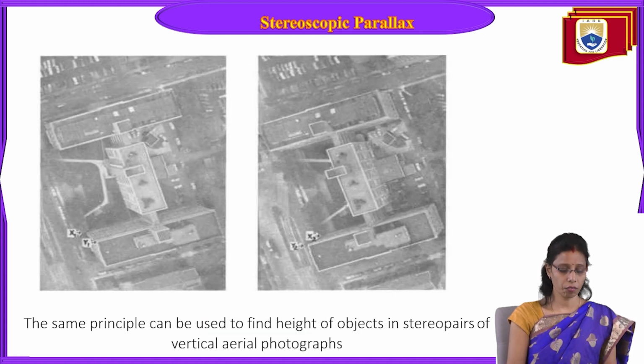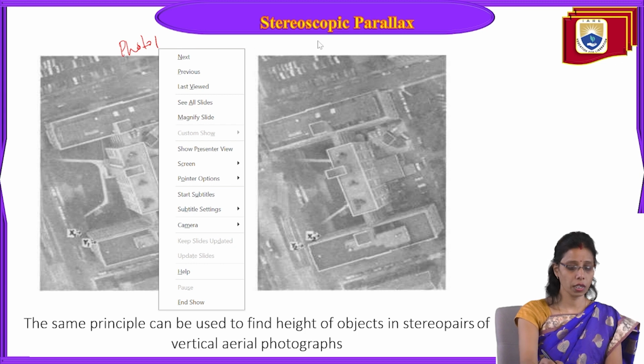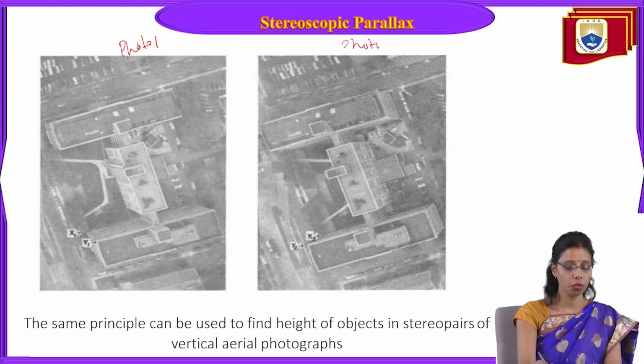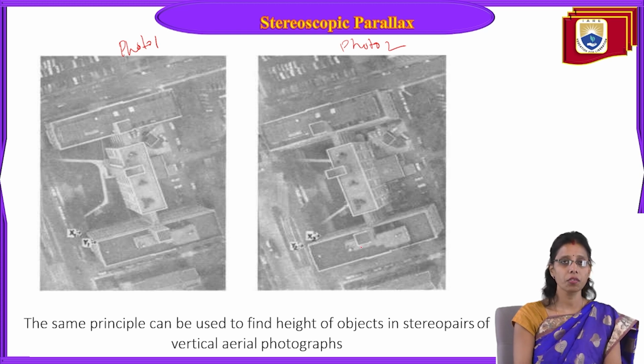Now here we have one more example. The same principle can be used to find the height of objects in the stereo pairs of vertical aerial photographs. Now you have two photos here, photo 1 and photo 2. In photo 1, what is the difference you observe?